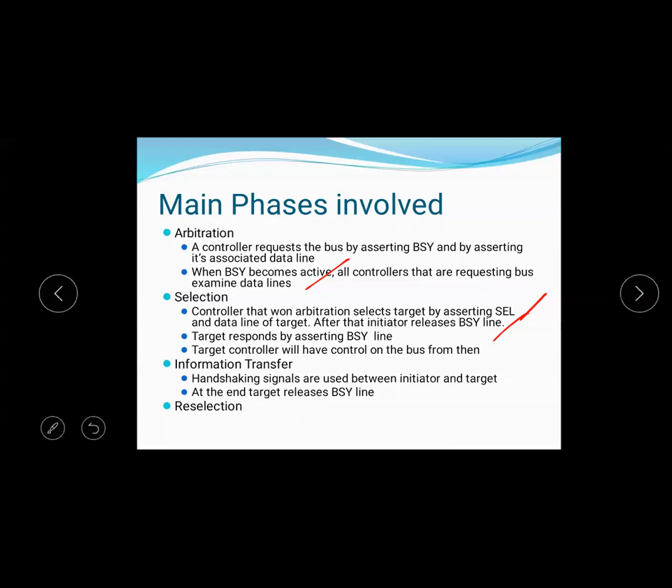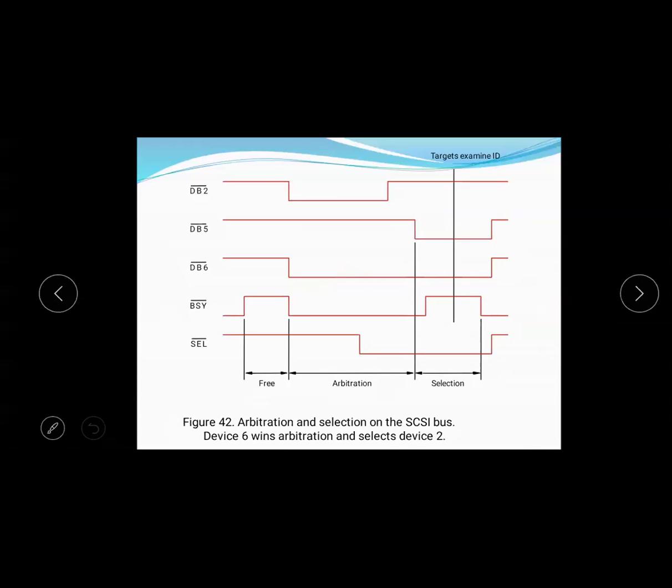The target responds by asserting the busy line. The target controller will then have control of the bus, and from then the bus lines will be under the control of the target. Information transfer: handshaking signals are used between initiator and target. At the end, the target releases the busy line, and reselection of another target can occur. These are represented in the timing diagram.